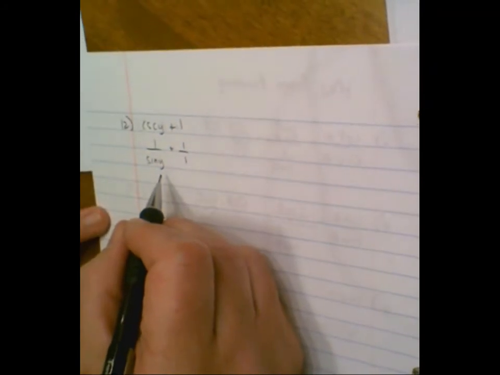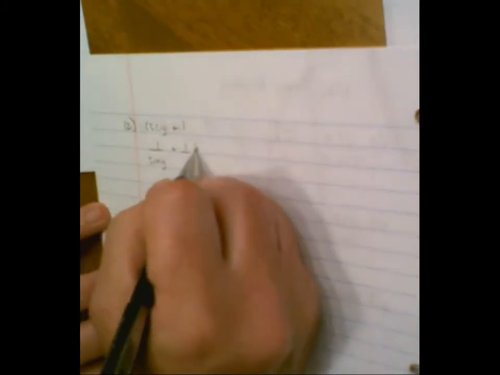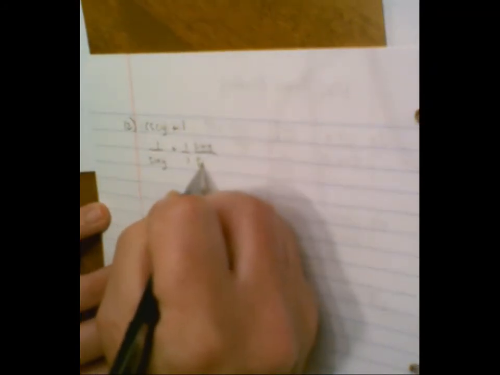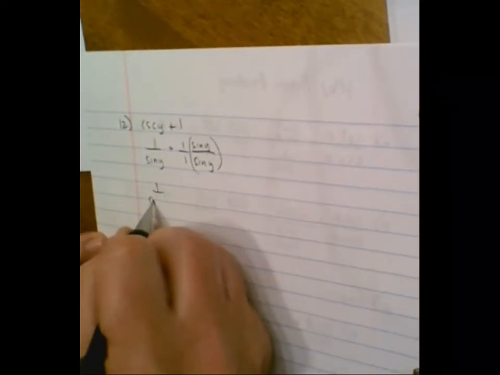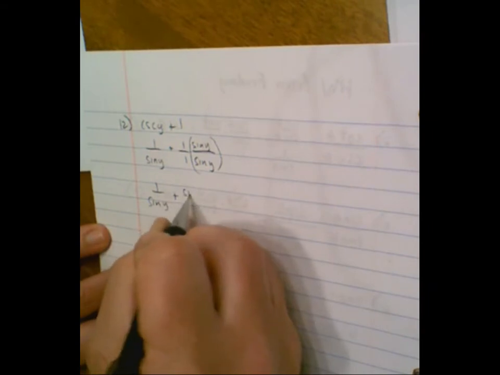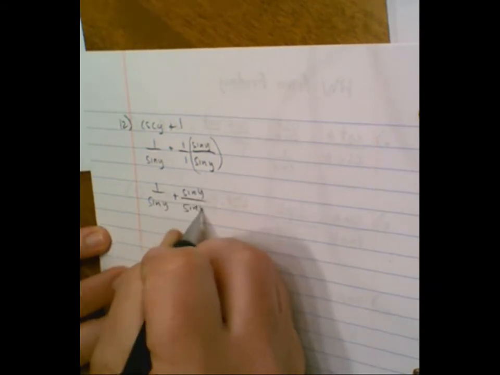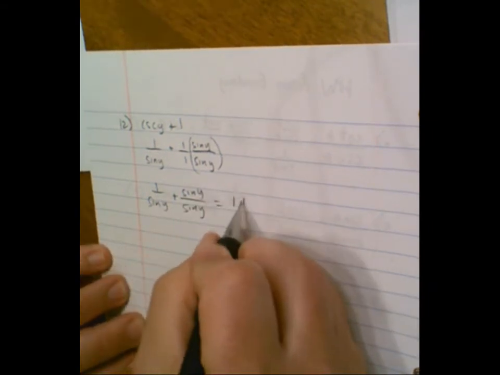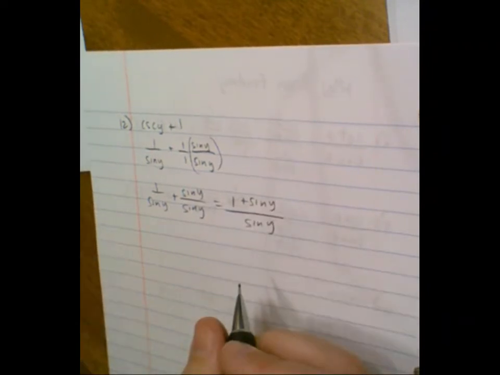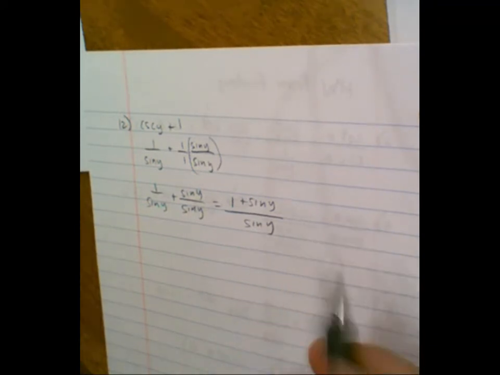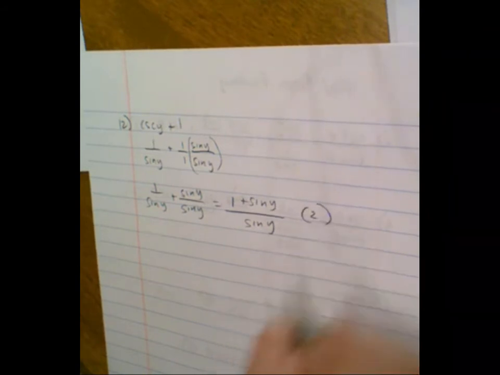So the common denominator is going to be sine y. So multiply by sine y over sine y. So I end up with 1 over sine y plus sine y over sine y, which is 1 plus sine y over sine y, which is an answer. The answer is sine y plus 1 over sine y, which is equivalent. This is choice number 2.